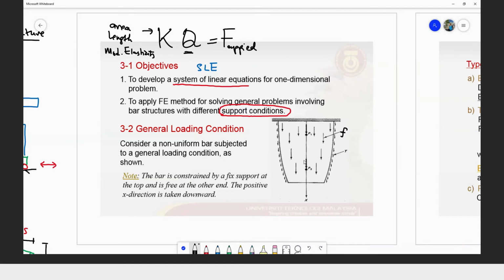Actually, if we look at it like this, it is not clear. What I can show you is that you can imagine our structure, let's say in 3D.